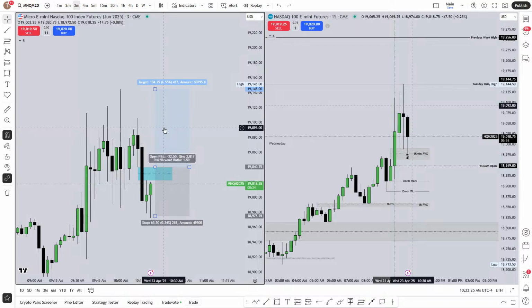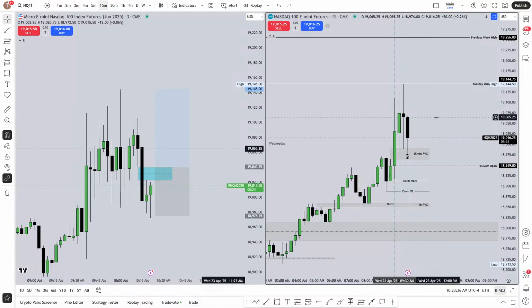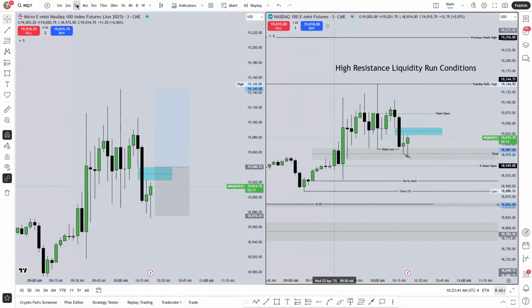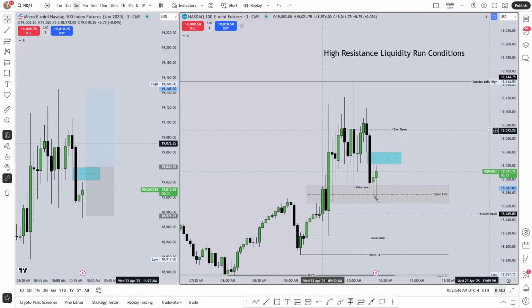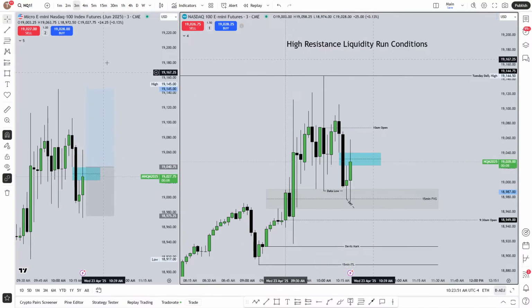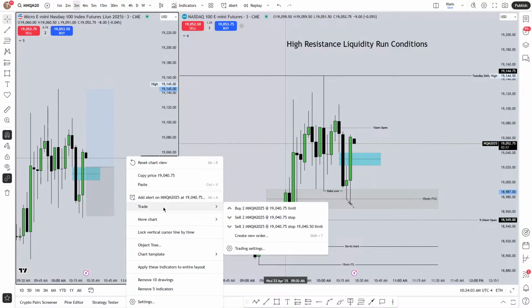I'd literally go in with like 2 micros. Okay, I don't like that close. I need to see a retracement.